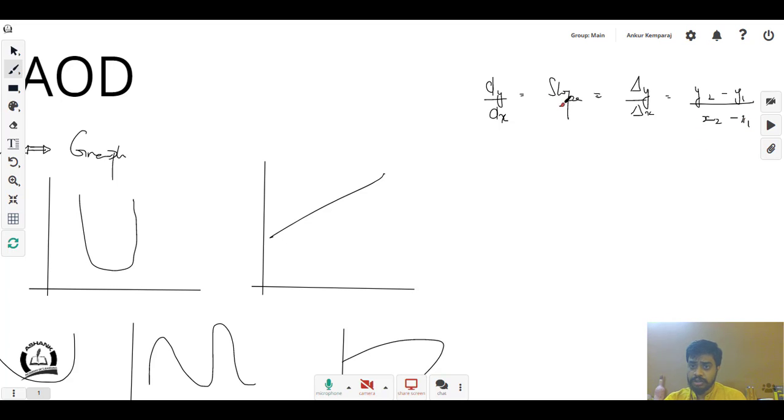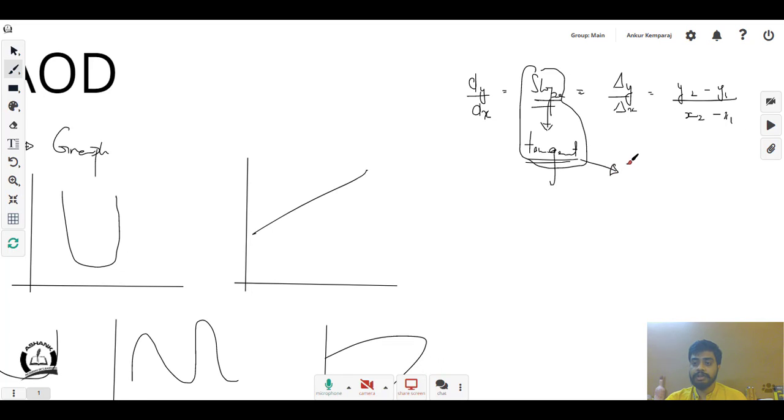That's simple, right? So this is the slope of the tangent drawn at that particular point, right? And you also discussed earlier that a derivative of a function is nothing but its instantaneous value. All right, it's nothing but its instantaneous value.